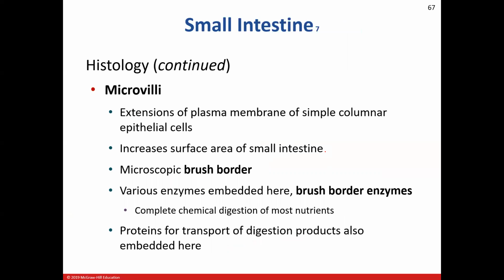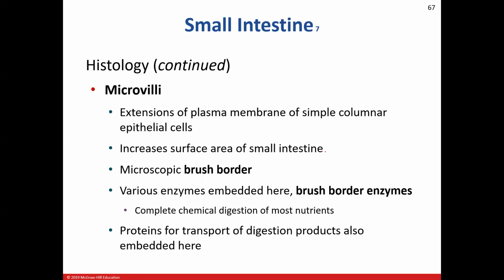Now, this is a little bit of a review from chapter 5, when we were talking about our simple columnar epithelium. And if you recall, you can have ciliated and non-ciliated. Well, in the digestive tract, you're going to have non-ciliated simple columnar epithelium.